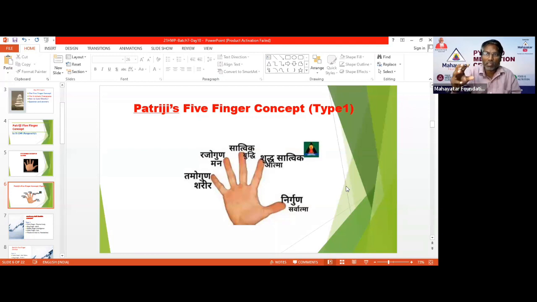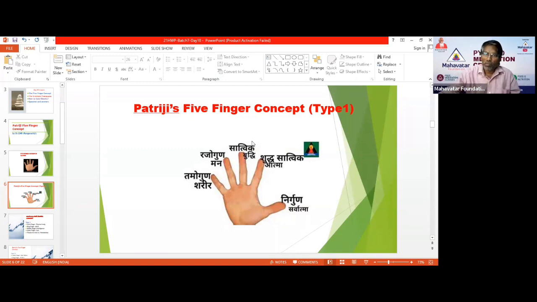That's not the actual mind. That's a thinking mind, a conscious mind. But beyond that, there is a subconscious mind, which you are never aware of, unless you start studying spiritual wisdom. Likewise, friends, these five fingers are going to give the complete spiritual wisdom here. Let's see some more.